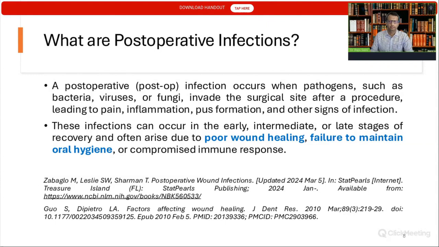These infections may occur at an early, intermediate, or late stage of recovery. They often arise due to poor wound healing, failure to maintain oral hygiene, or if a person is immunocompromised. But out of these three factors, poor wound healing and improper oral hygiene compliance play a major role in post-op infections.